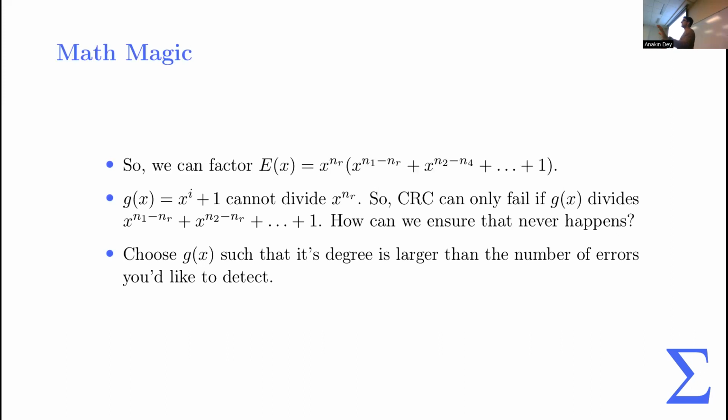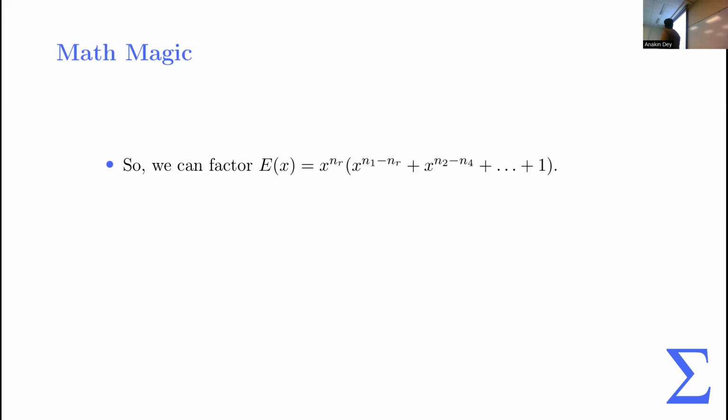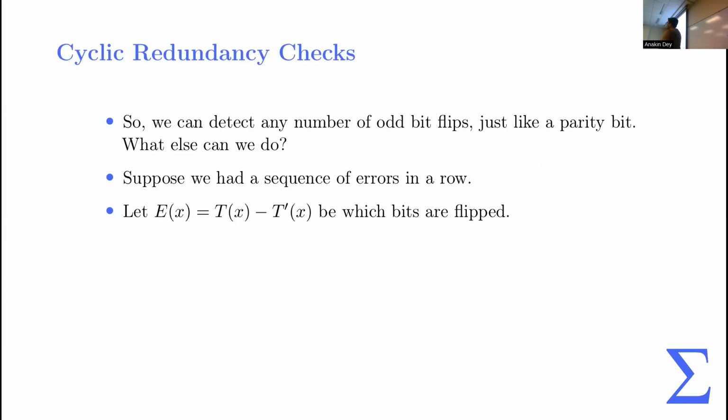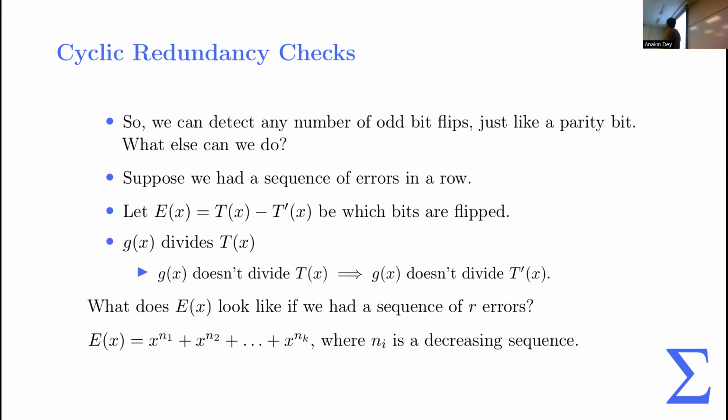So that's sort of how CRC works. Just to go back a little bit. We pick the bits that are flipped. We look at what they look like, right? They're going to be a sum of different elements, all of which are increasing like this. And then we ensure that if we pick the right type of generator, it's not going to divide this.